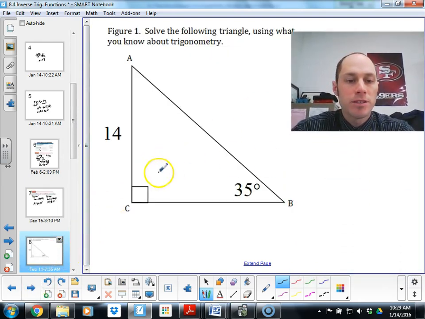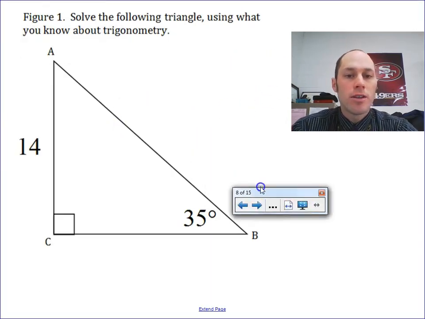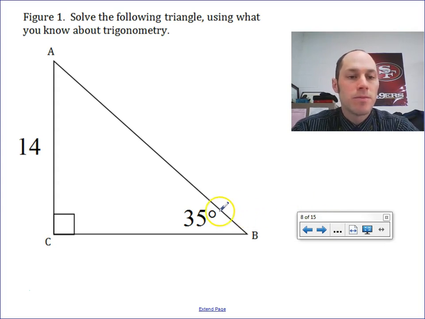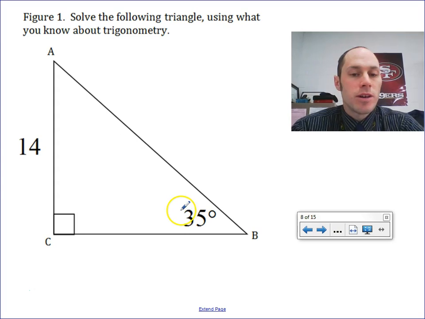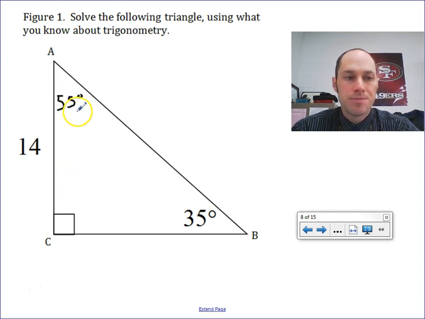So here's how we can apply this for a triangle. We want to find all the missing side lengths, taking what we know about trigonometry. So first of all, I've got a right angle and an angle of 35 degrees, which means this one has to be 55 degrees, angle A, because the three angles add up to 180.